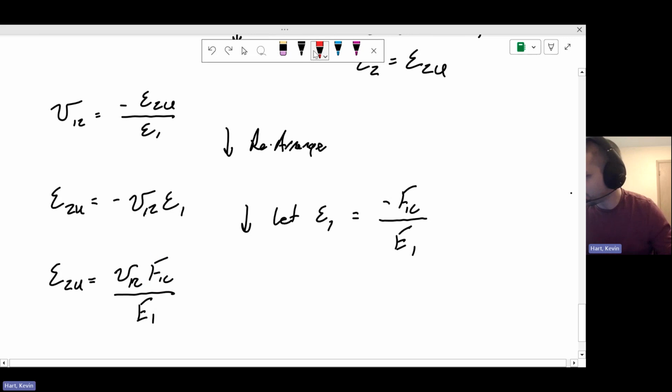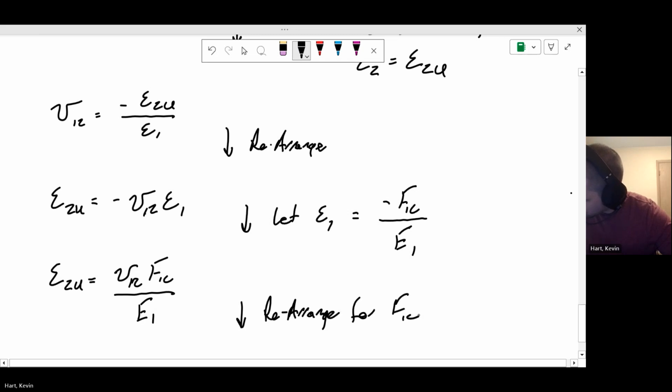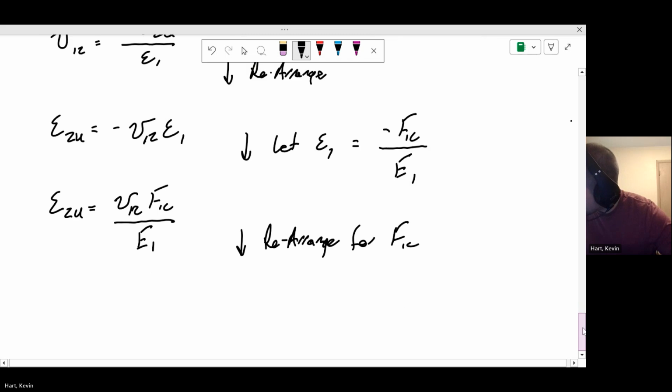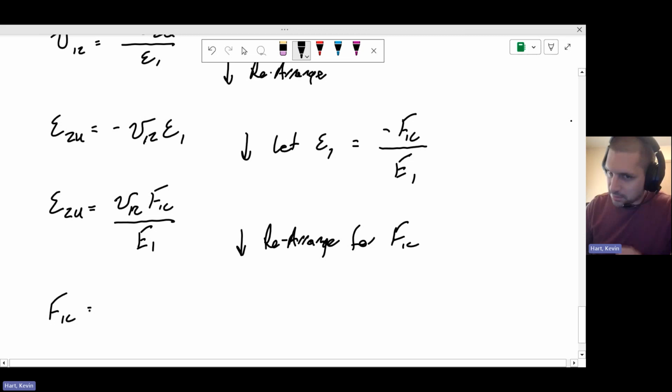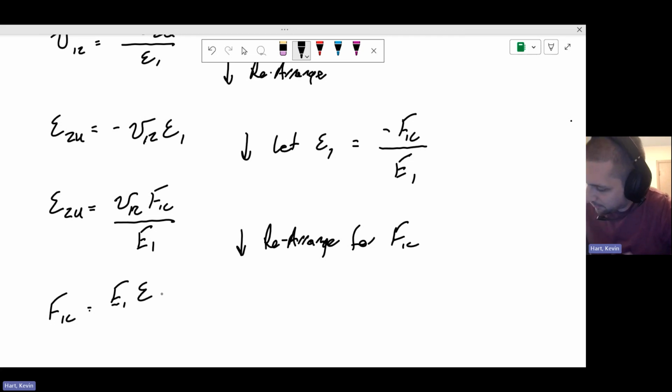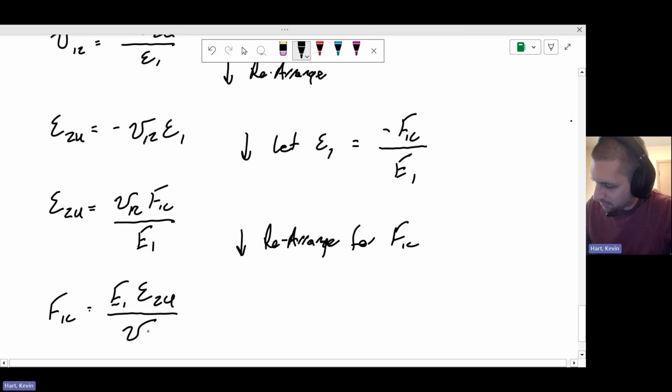So we're going to rearrange for F1C. And so F1C is equal to the modulus in the one direction times the ultimate strain to failure in the two direction, divided by Poisson's ratio, nu 1, 2.